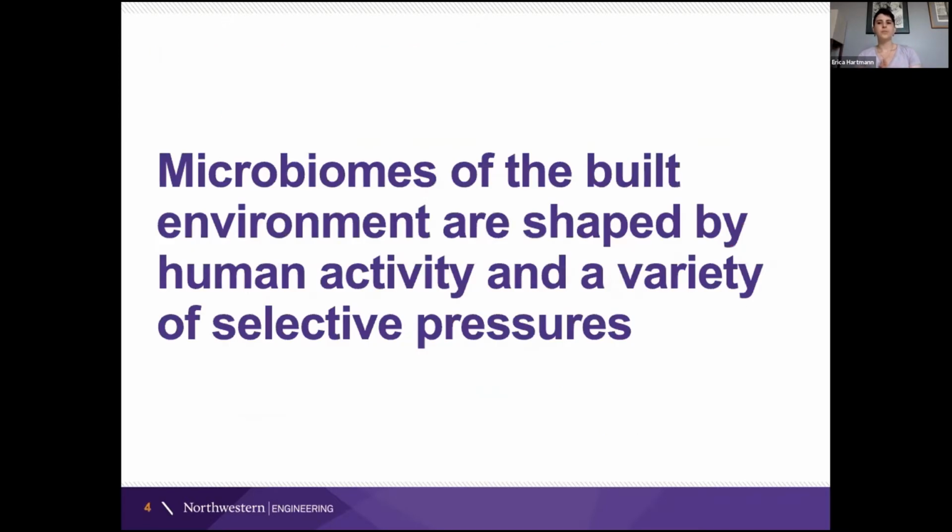So one of the things that we know already about microbiomes of the built environment is that they are shaped by human activity and a variety of selective pressures. And one of the things that I think is so interesting about the built environment is that we are very uniquely positioned to control the types of selective pressures that microbes that surround us are experiencing.